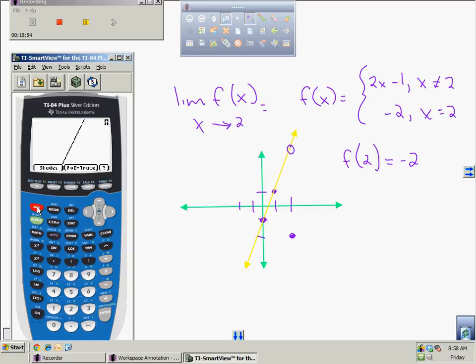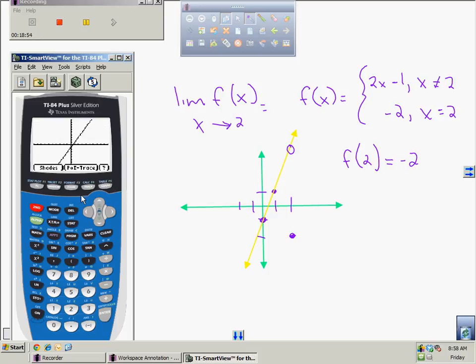Second format, my axes are on. Go to your second table, okay?